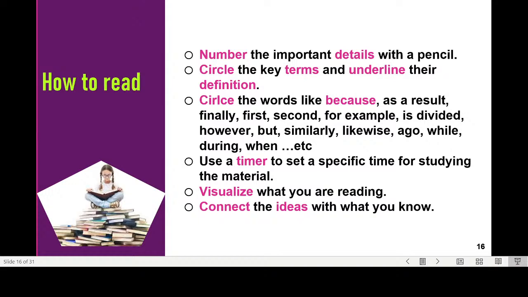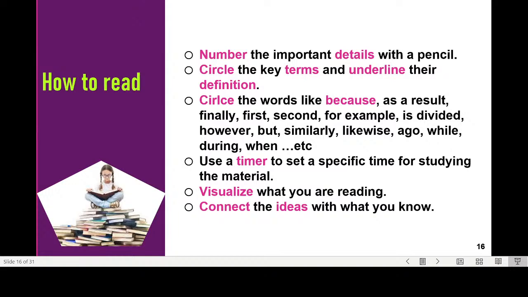When we read, it's better to time ourselves, to use a timer. Why? Because when we know that we have limited time to read and finish this material, we will be more active, we will concentrate better and focus better.